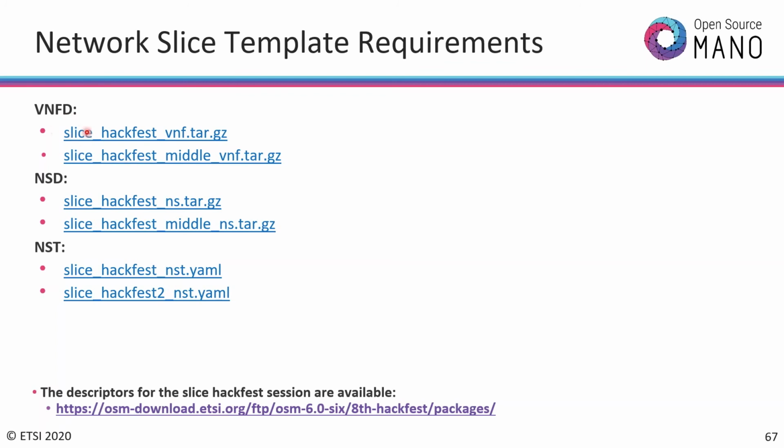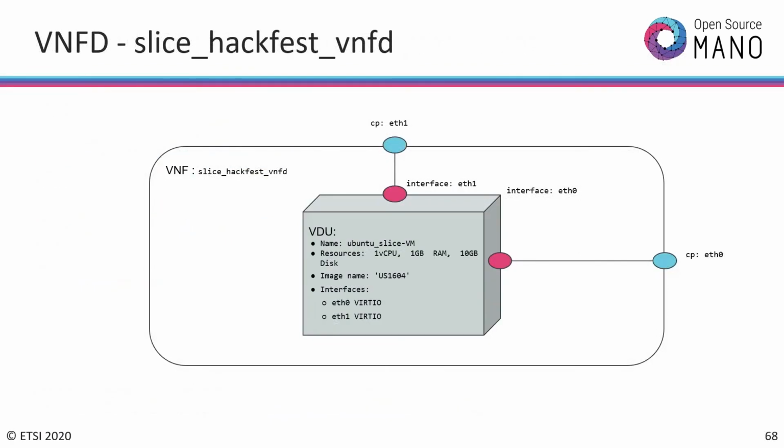Also, you can find there the VNFDs plus the network service descriptors that we need here, and the 2 network slice templates. The first one is the complete service that we're going to deploy first, and the second slice is the one that we'll share. Okay, so for the second case that we are going to demonstrate today.